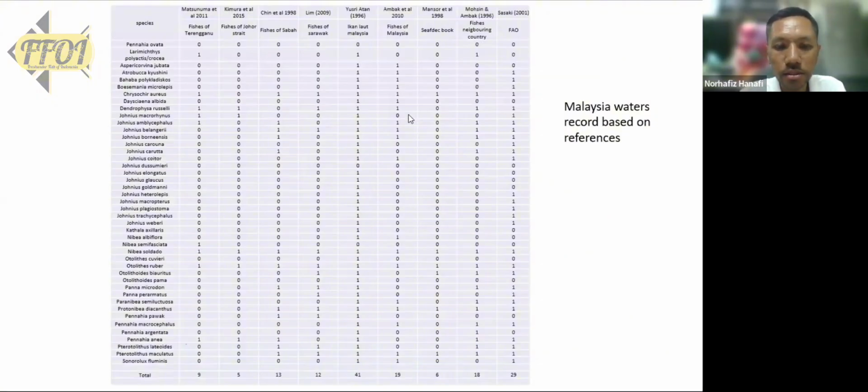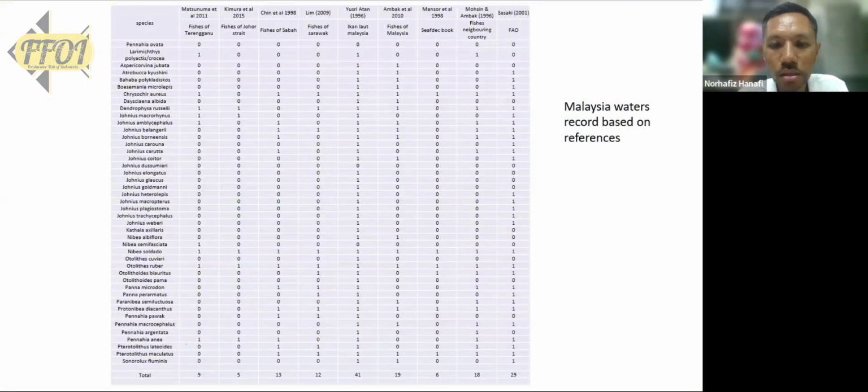You can see down here: Fishes of Terengganu, Fishes of Johor, Fishes of Sabah, Fishes of Sarawak, Ikan Laut Malaysia, Fishes of Malaysia, a safe book, fishes of neighboring countries, FAO. A lot of books provide quite a lot of information on the Sciaenidae.